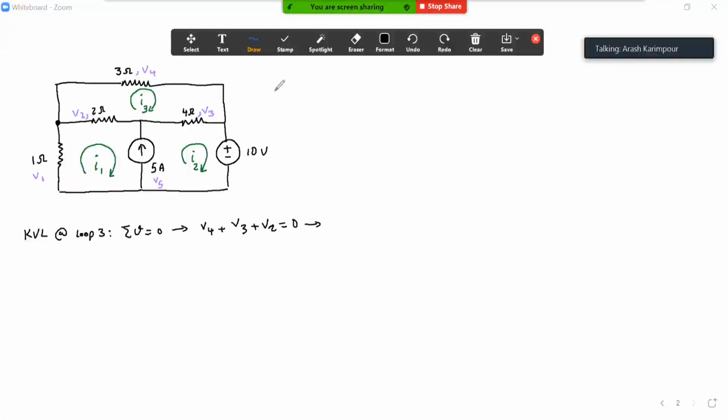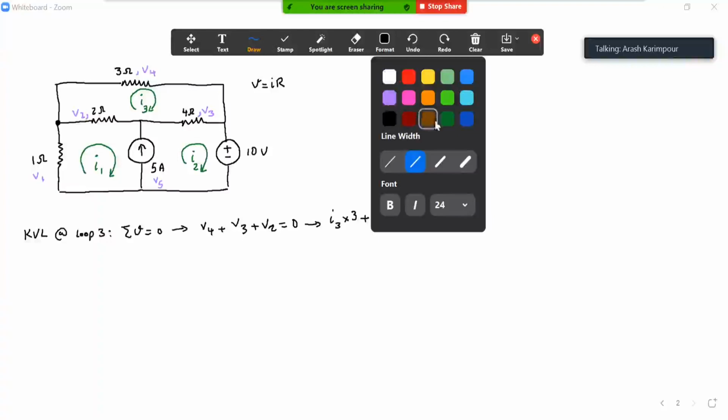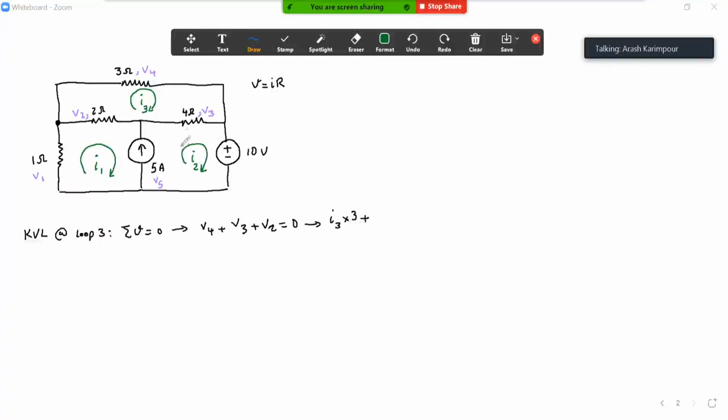Then I use Ohm's law, as I said before, V is IR, to replace each of these voltages with IR. So for V4, it's I3 times 3 ohm, plus V3. In V3, you can look at I2 going in this direction and I3 going in this direction.